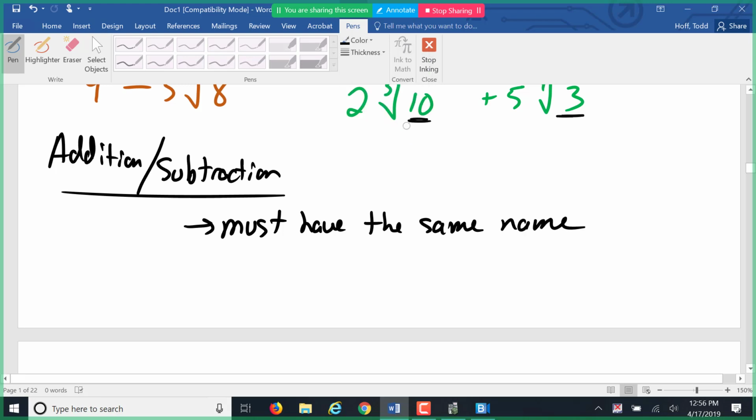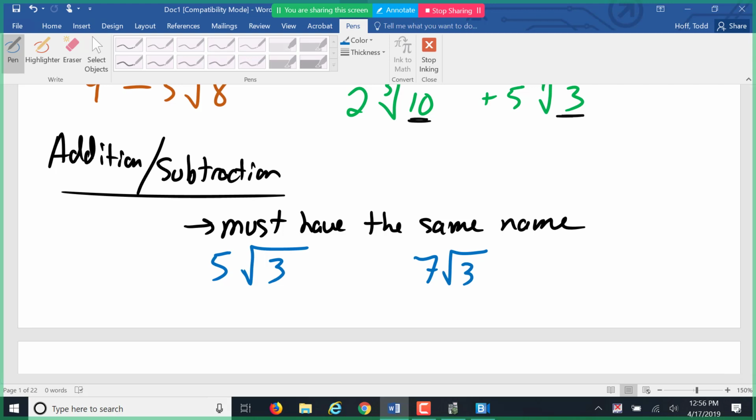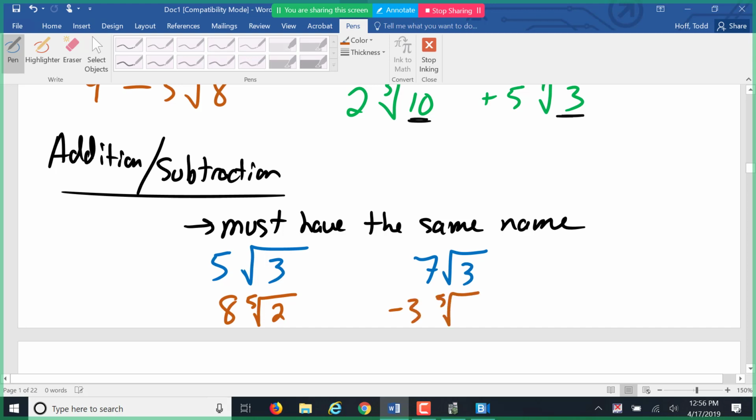For radicals, what that means is it has to have the same index of the root and the same object in that root. 5 times the square root of 3 and 7 times the square root of 3 both have the same name because both of them are a square root and it's a 3 inside the radical. 8 times the 5th root of 2 and negative 3 times the 5th root of 2, those have the same name.